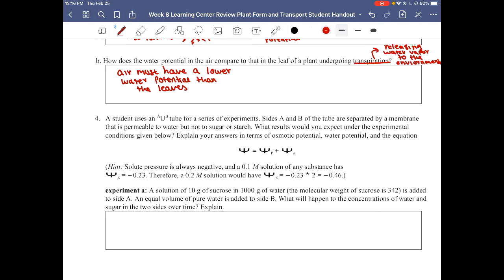Okay, so next we're going to be doing a practice problem with water potential. So this is the symbol for that.